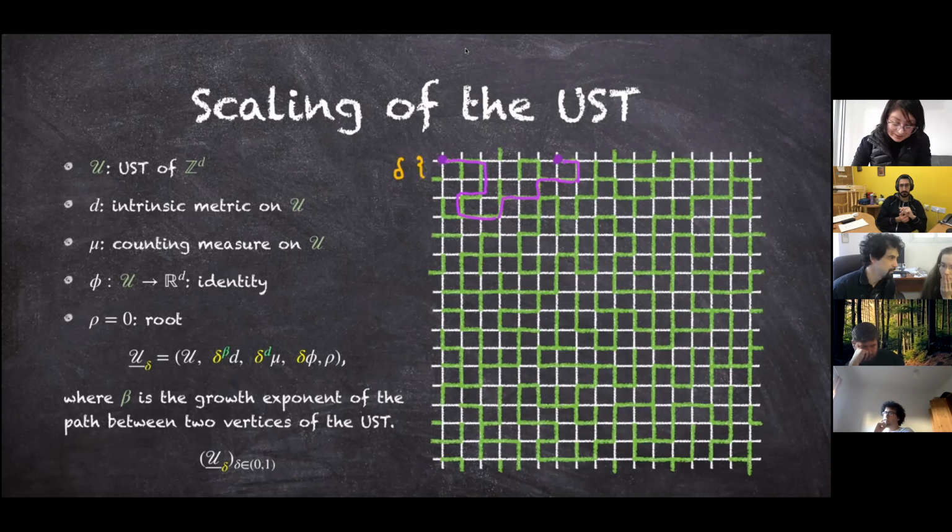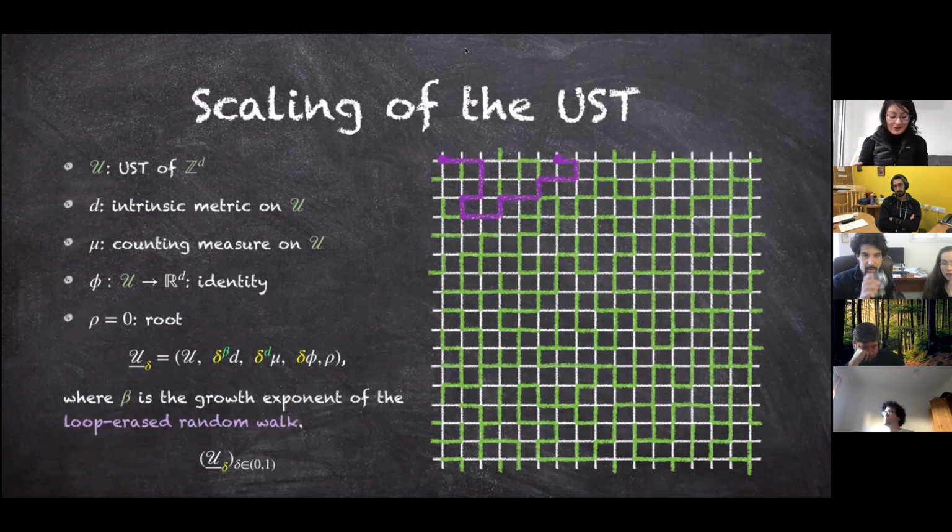But we know well that this path between two vertices of the uniform spanning tree that I draw here in purple is the loop-erased random walk. So here beta is the growth exponent of this closely related model, the loop-erased random walk. So here is how I'm rescaling my elements of the uniform spanning tree. I get these tuples, scaled with delta to the beta for the intrinsic metric, delta to the dimension for the measure, and delta for the embedding.